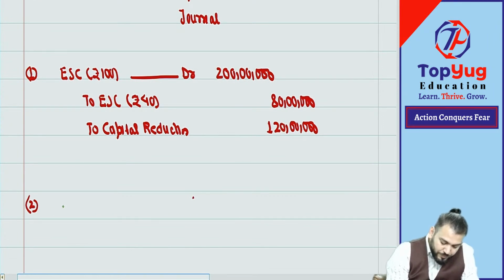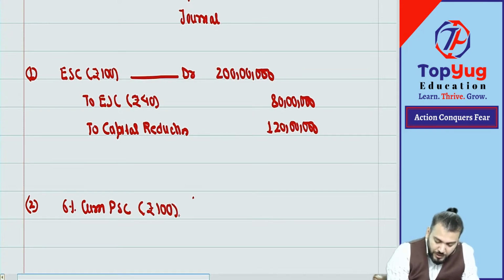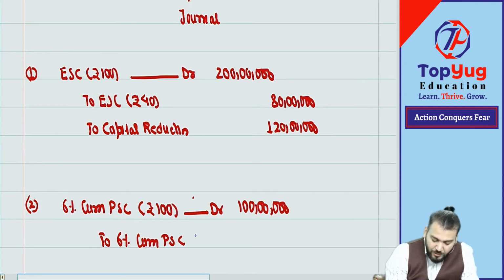Point number 2: 6% cumulative preference capital of rupees 100, what is the amount? 1 crore will now become 6% cumulative preference share capital of rupees 60.